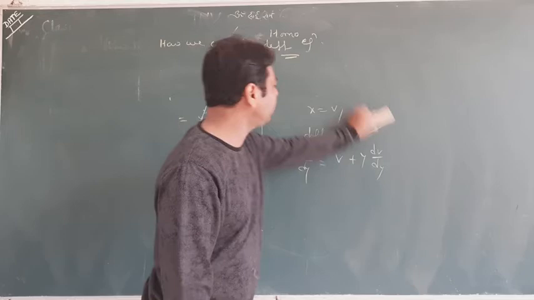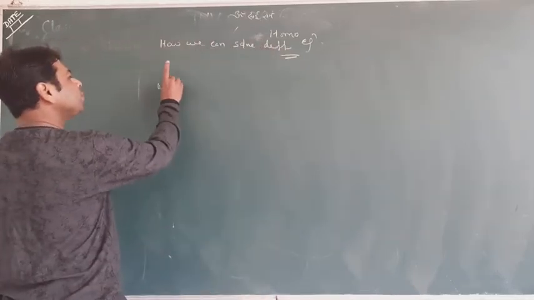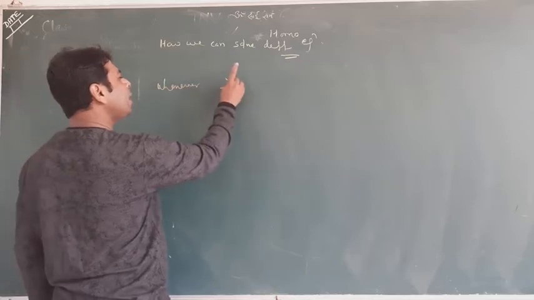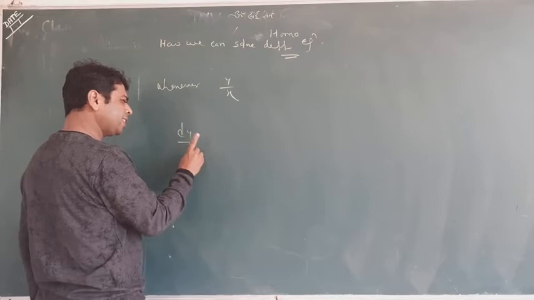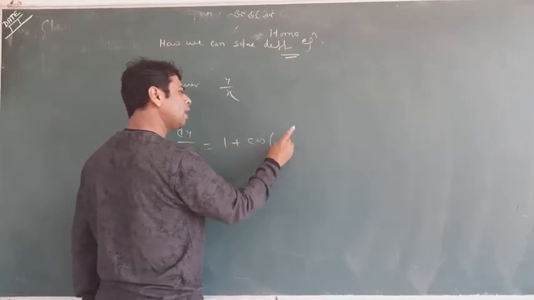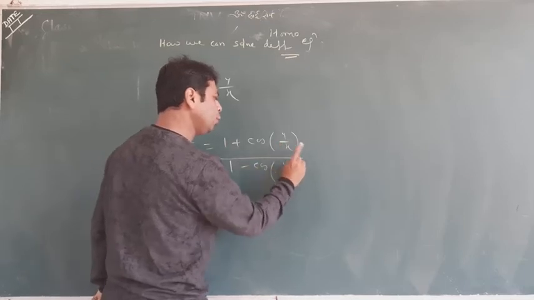So keep in mind, student, one more thing I want to share with you. Whenever y by x is directly coming in the question, like dy by dx equal to 1 plus cos y by x upon 1 minus cos y by x, you don't worry.